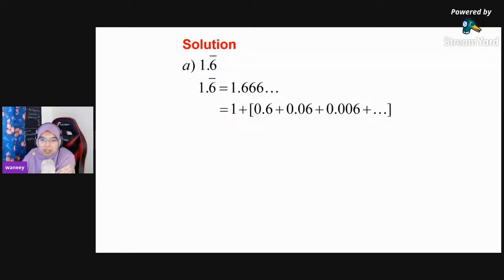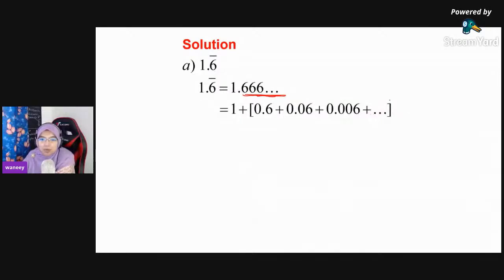So now we simply take the number that are repeating because we are going to calculate S infinity for the number that are repeating. So 666 ... that is actually 0.6 plus 0.06 plus 0.006 plus 0.0006 and ... of course.